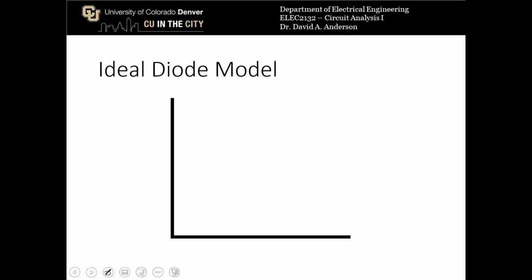The ideal diode model is a relationship between current and voltage for a diode. The voltage is going to be defined as the difference between the anode voltage and the cathode voltage. When that is below a threshold, V sub threshold, the current is going to be 0, and that even holds true for voltages less than 0.